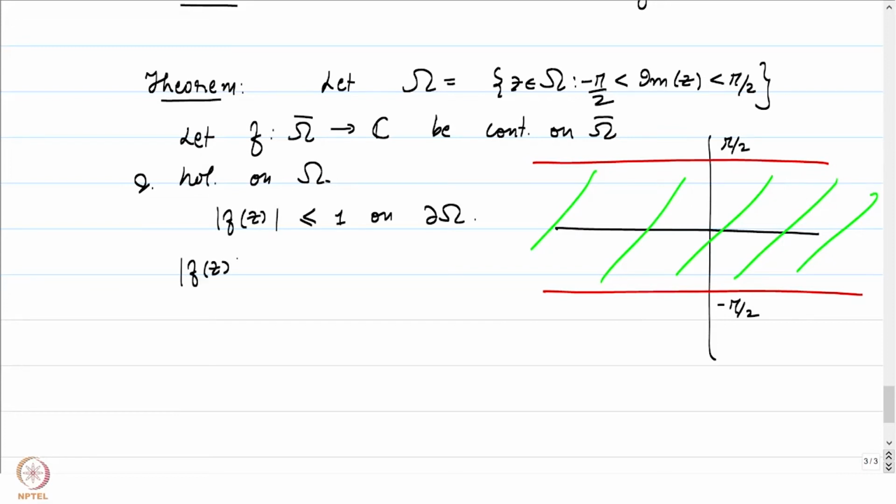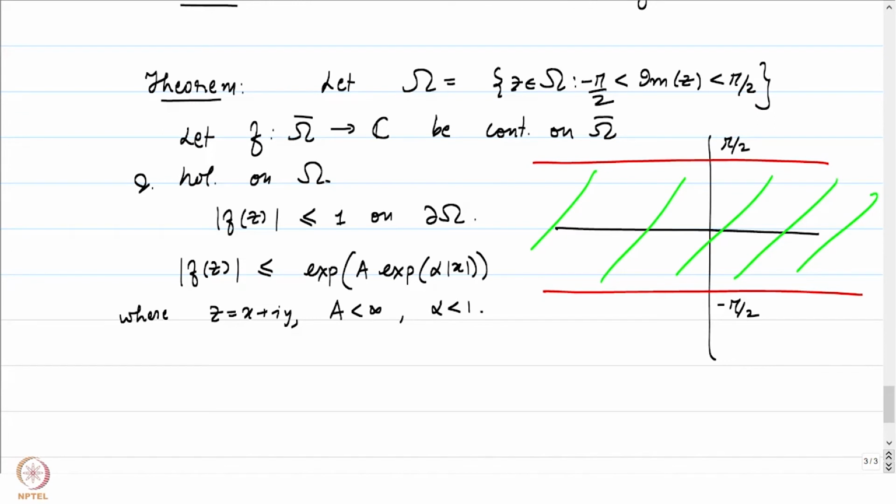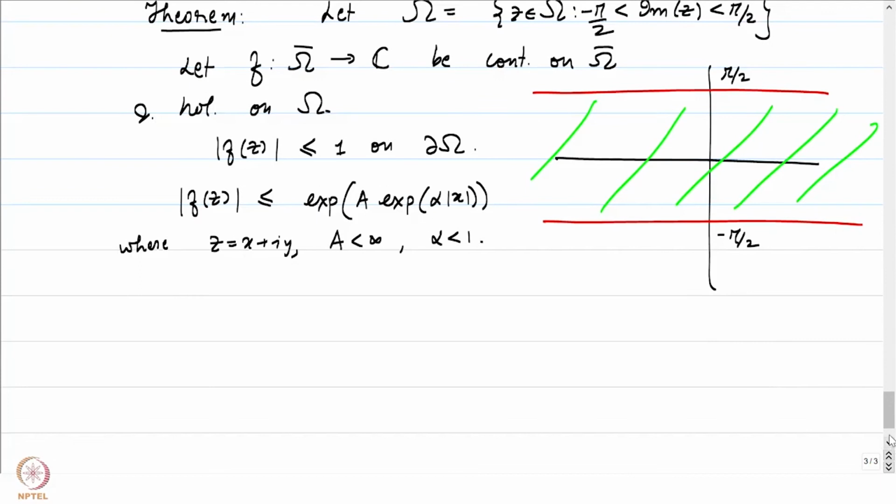The absolute value of f of z is less than or equal to the exp of some capital A times the exp of alpha times the absolute value of x, where there are quite a few things to be explained. What is x? z is equal to x plus iy. A is some finite real number, and alpha is less than 1. So these are the conditions on the growth of our function f that is being imposed.